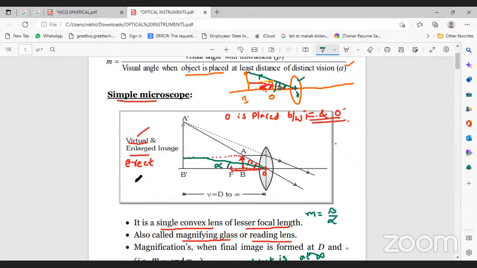For example, if this is the convex lens, this is the optic center, this is the principal focus. If I keep the object on the principal focus, the image will be formed at infinity. But if the object is placed here, beyond f, the image is going to be formed on this side, and it is an inverted one.